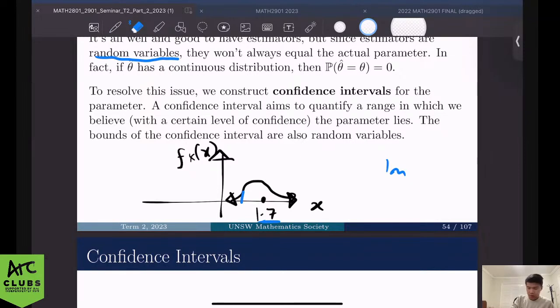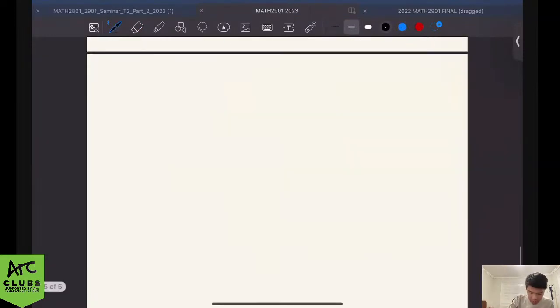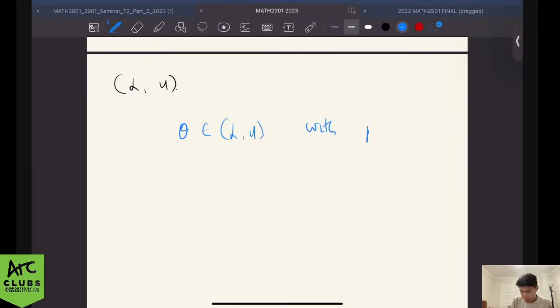So that's the motivation for a confidence interval. Before I go into the technical details, basically a confidence interval is just an interval of numbers such that you can say this for certain, right? The parameter lies within here with a certain probability. Often it's 95%, right?